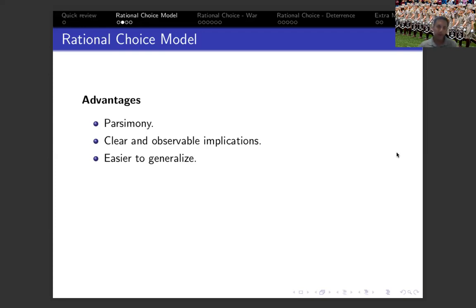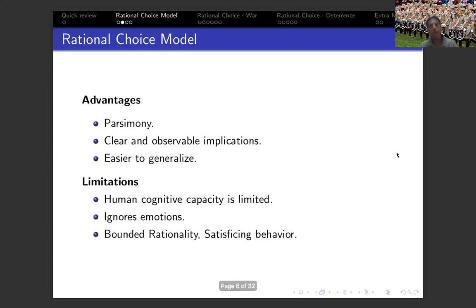Despite this descriptive simplicity, there are several limitations. The primary limitation is that in reality, this is a very problematic way to describe the human behavior process, because humans have limitations on their cognitive capacity. We cannot really assess an infinite amount of information. It is very hard for humans to deal with a high level of uncertainty.